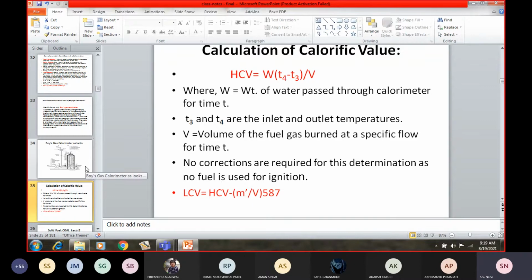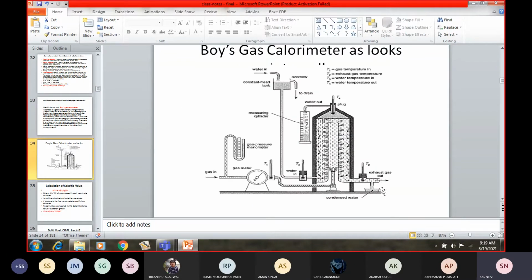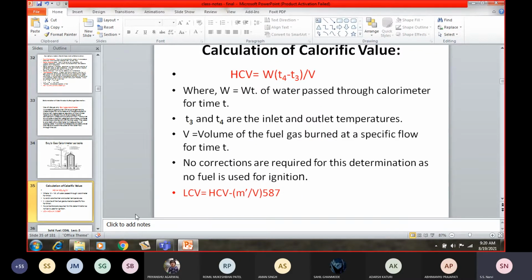M prime is the mass of water which has been condensed here, steam condensed. It's not this water, this is steam condensed, divided by V, mass of water condensed by V volume of the gas, then multiplied by 587, which, as I told you earlier, is the latent heat of condensation of steam per unit mass of water. So that is 587. So you can determine LCV.